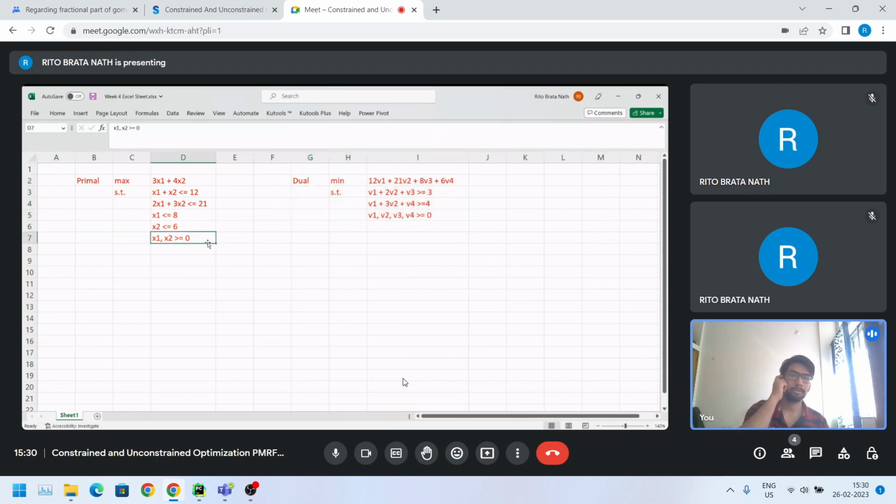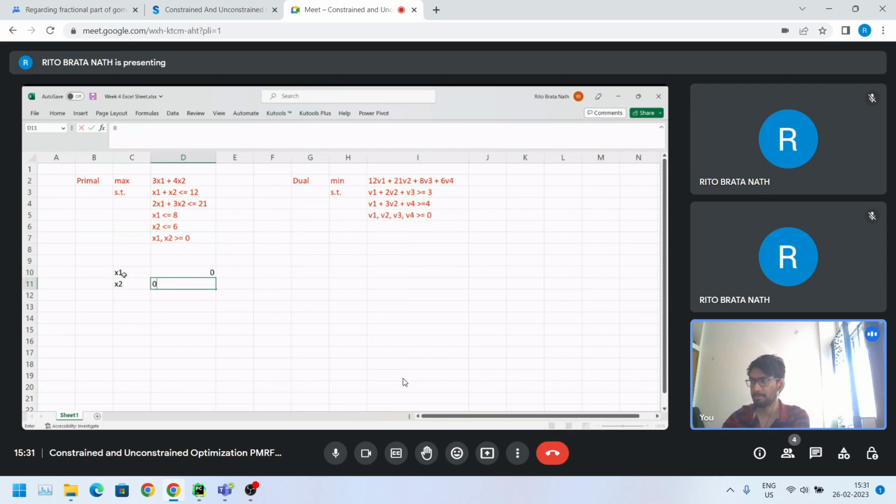Now what you have to do is solve the problems. So first you will write the objective function. For this problem, let me write down here itself. Let's first write down the variables. x1 and x2 are the two variables here.